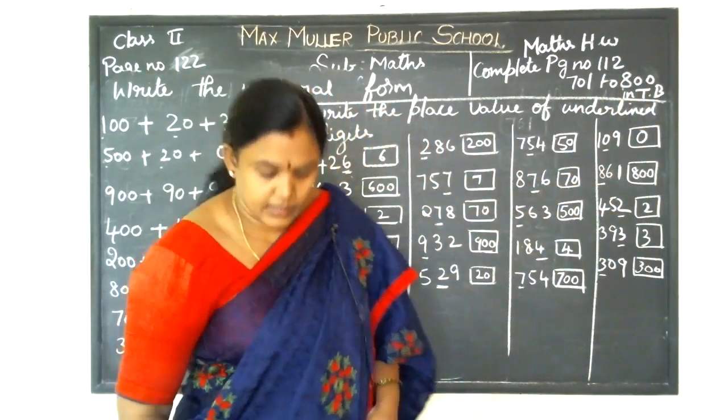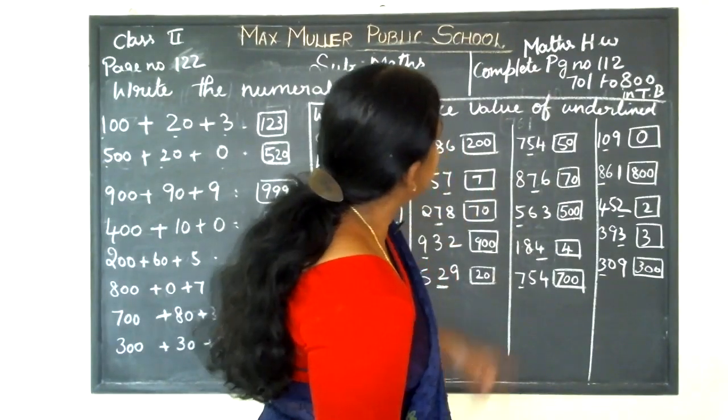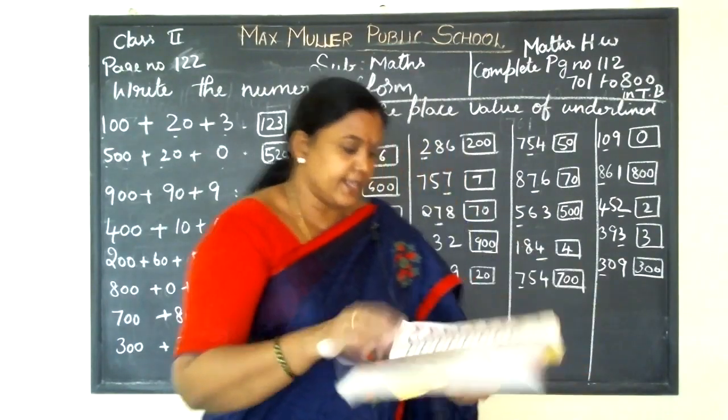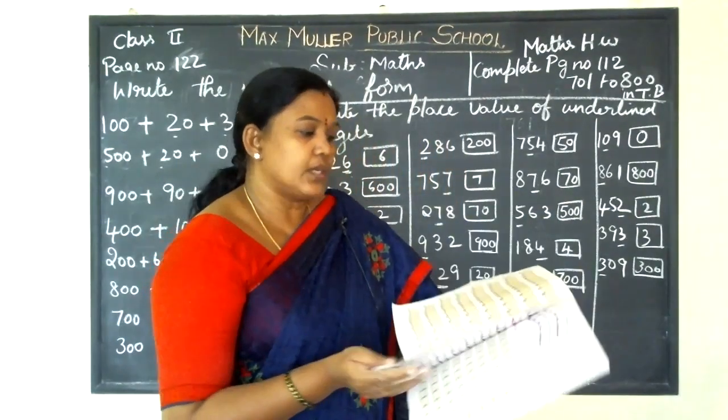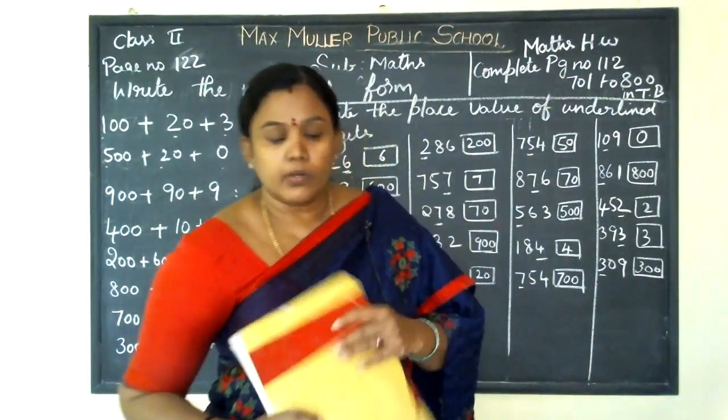Complete page number 112, 701 to 800. In the textbook only you want to write the numbers. Don't write in the homework note. That is page number 112. Good. Thank you, children.